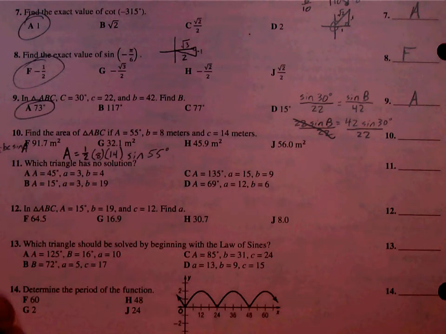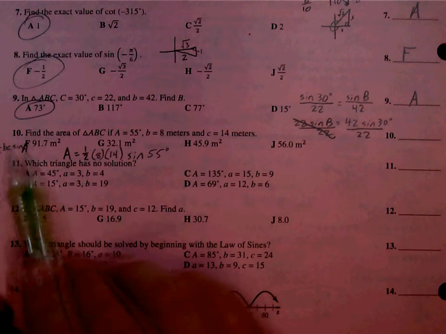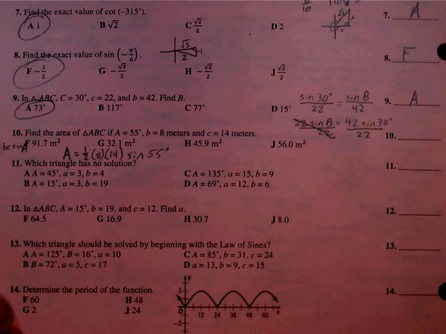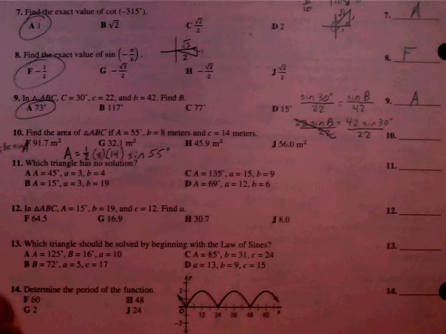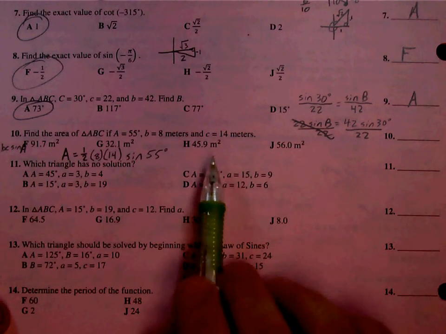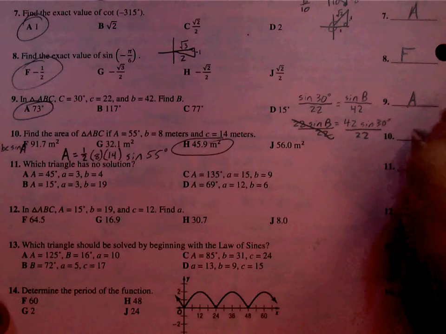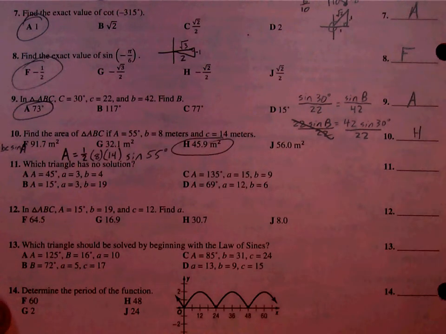You can also switch out the letters for whatever is appropriate, as long as the angle is the other letter than what you use for the sides. So 1/2 times 8 times 14 times sine of 55. We get about, it looks like we're rounding to nearest tenth here, so 45.9. Or I mean not degrees, but meters squared, H.